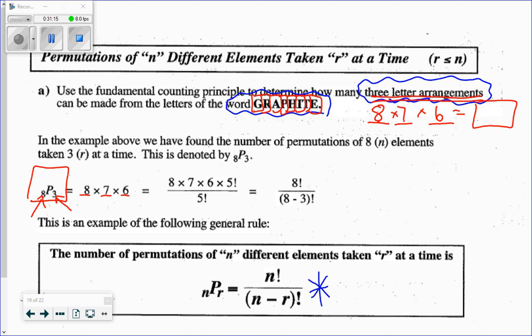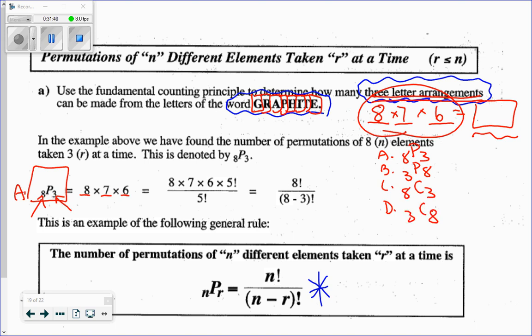So if this was a question on the diploma, which is a fair game question, and you did the question like this and got the correct answer, the A, B, C, D are probably going to look like this. 8p3, 3p8, 8c3, 3c8. Now, I haven't taught you what the C stands for yet. That's coming.